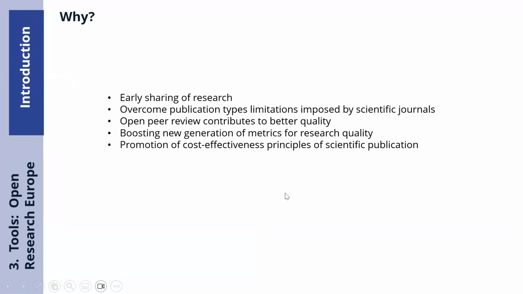Because it wants to foster the early sharing of research and overcome the limitations on publication types that scientific journals typically impose. In fact, one of the most interesting things of Open Research Europe is that you can upload many different types of documents to get peer reviewed, which classical journals don't allow.